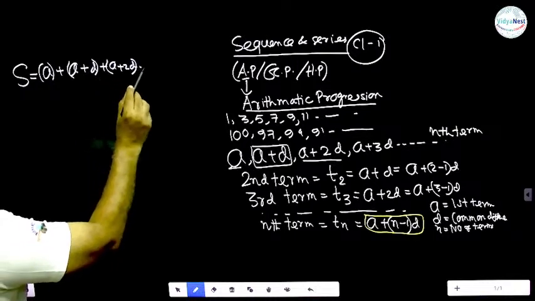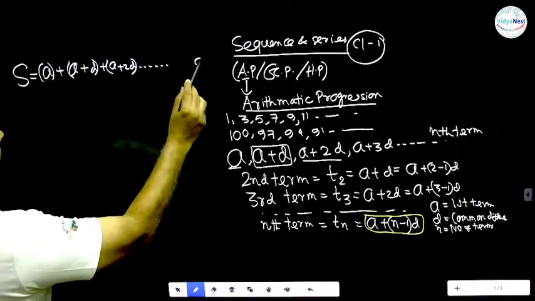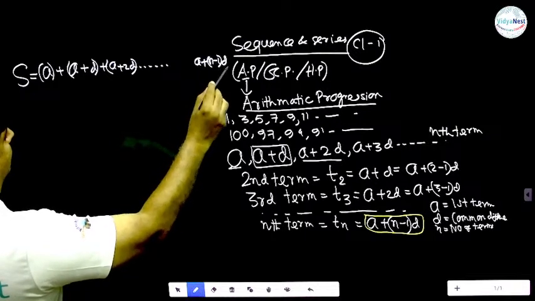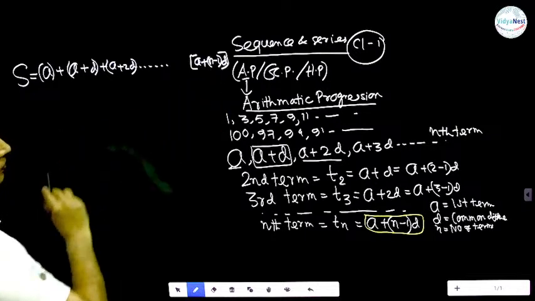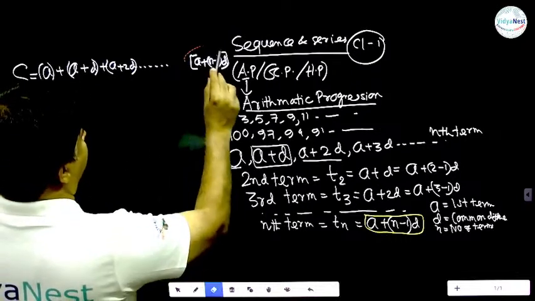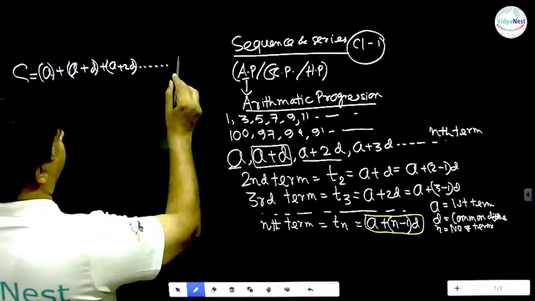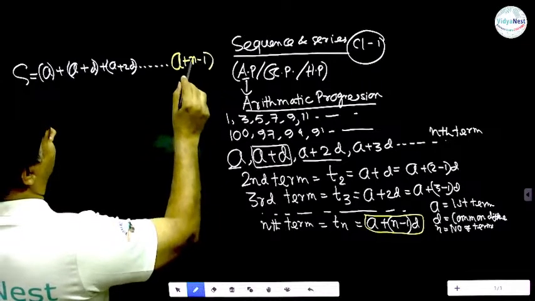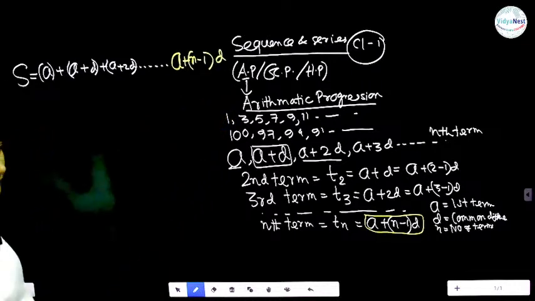Proceed in this way. Write the last term: A plus n minus 1 into D.